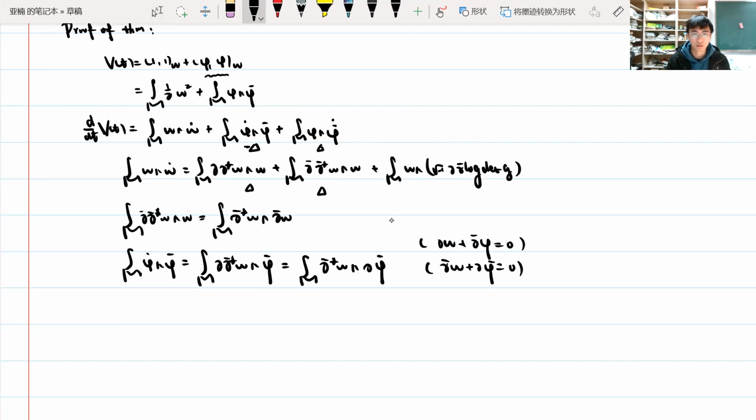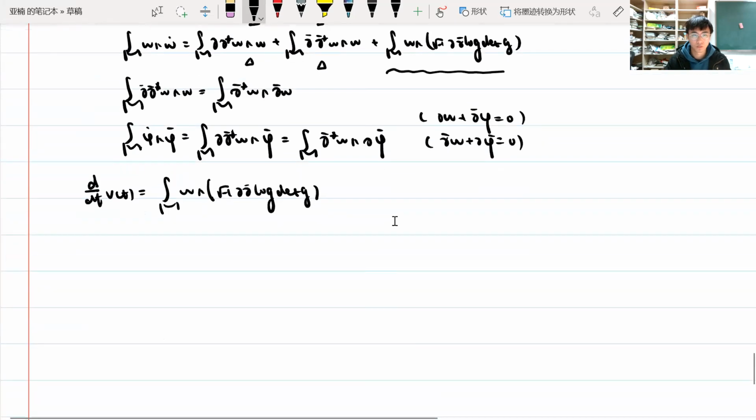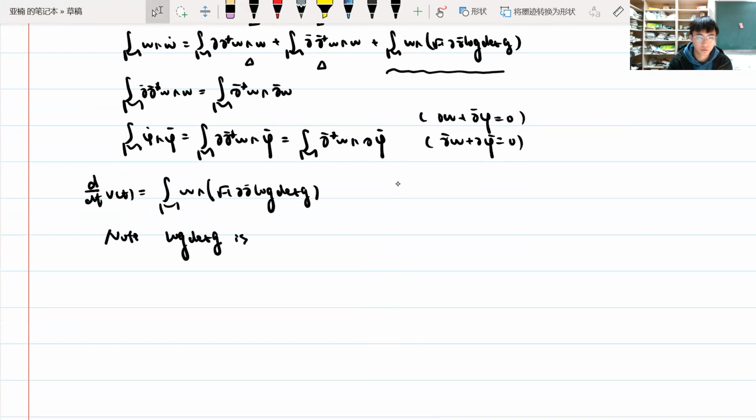The remainder is what we have here. Note that this function is not well defined.